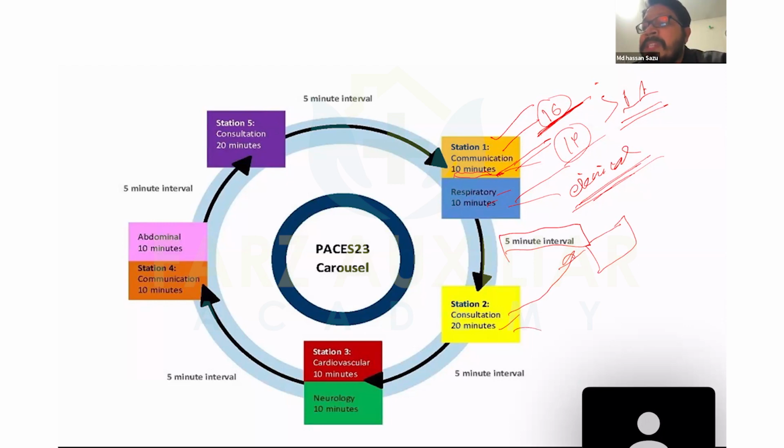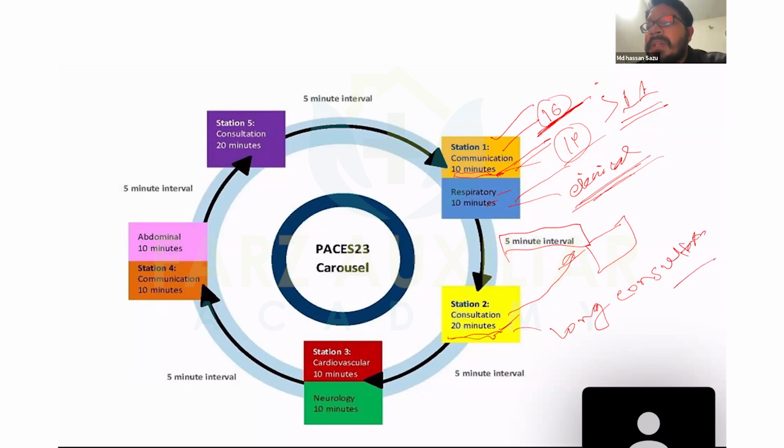So a direct patient or a patient surrogate could be there. And this consultation is 20 minutes. This is a long consultation. Previously, it was described as a brief consultation, but right now it is changed to a long consultation. It will be 20 minutes.